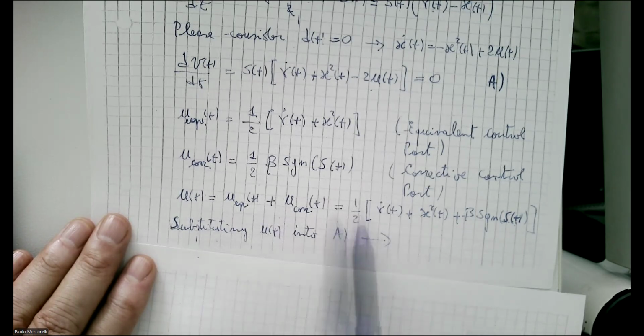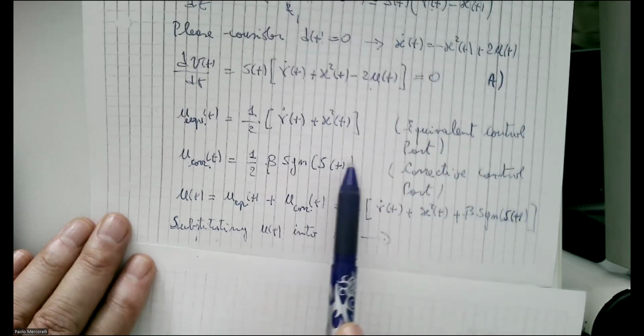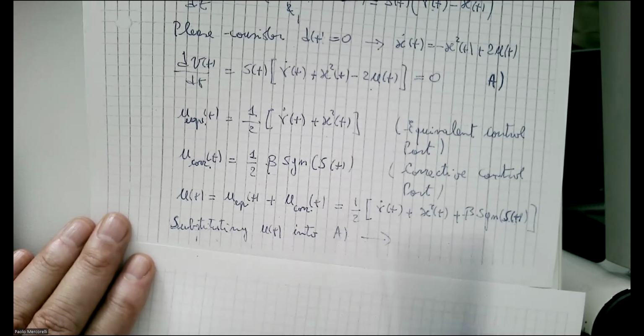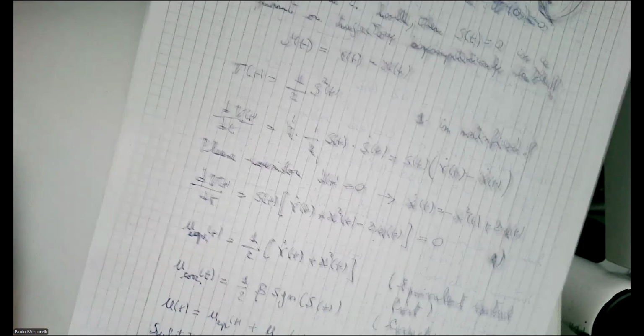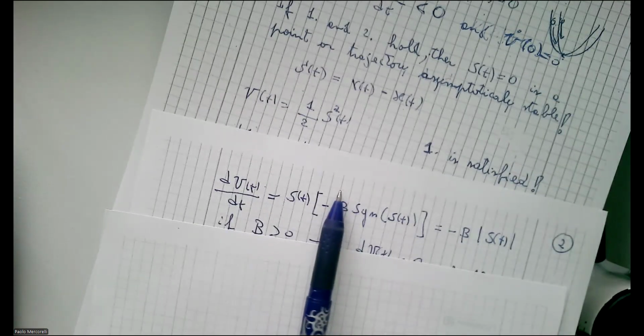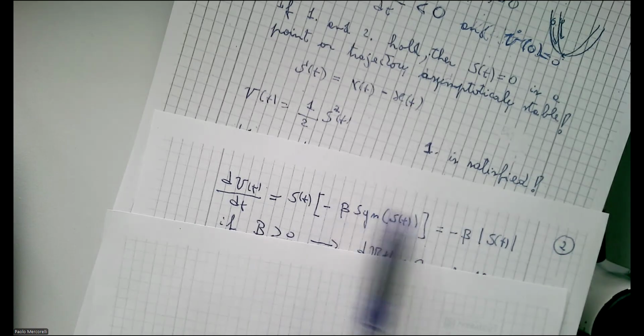We can see that 1 divided by 2 is in both. I sum this here plus this here, and I put 1 divided by 2 in evidence. This is the control law. This guarantees, let me go ahead, exactly this one, because I will cancel everything, but I will remain with this element inside.